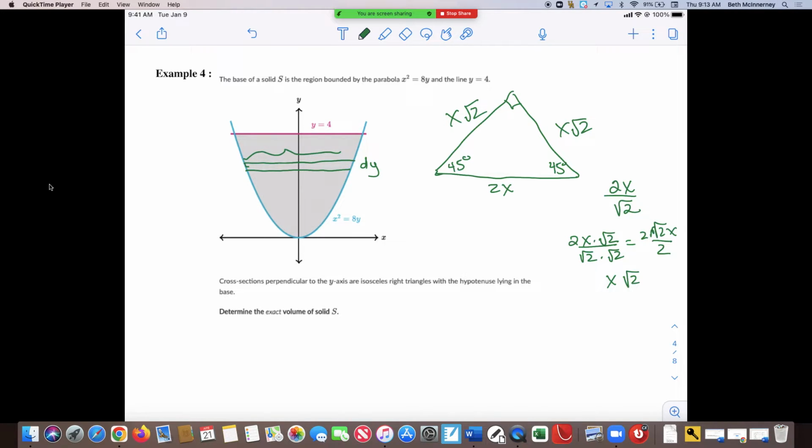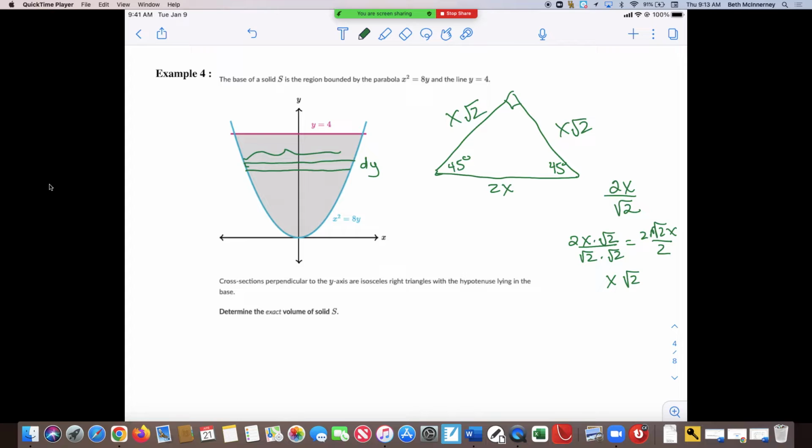So then what are going to be my limits of integration? Because I'm on the y-axis, I'm going to go 0 to 4.